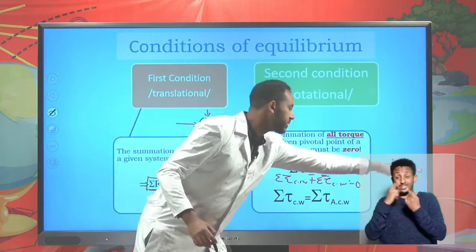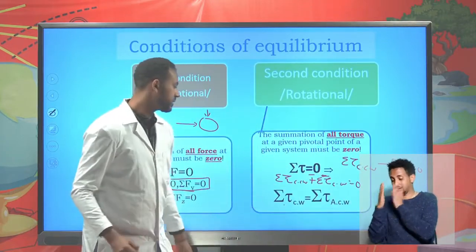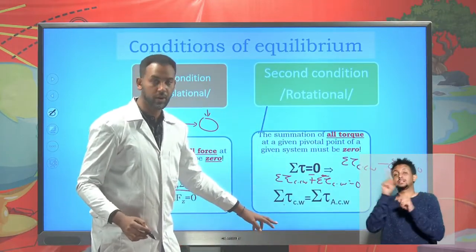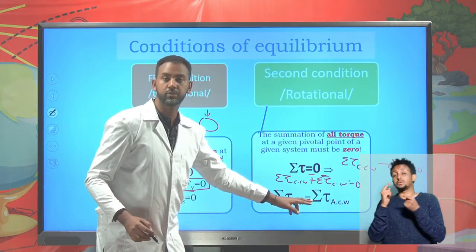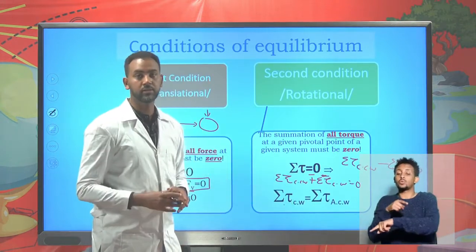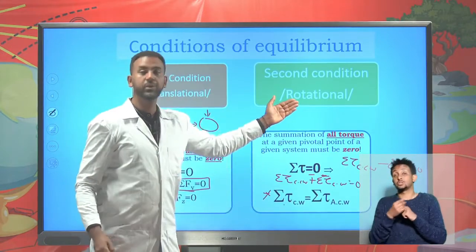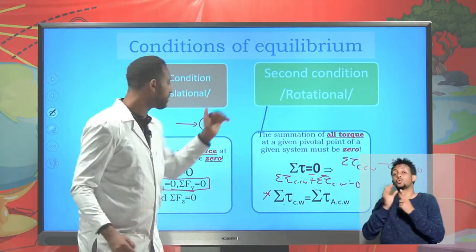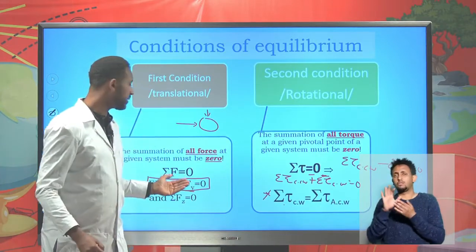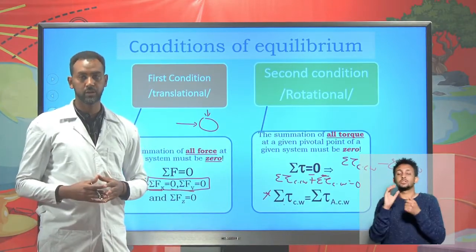Therefore, when we transfer this to the other side, we can say that the summation of clockwise torque equals the summation of counterclockwise, or anti-clockwise, torque. So this is the second condition, known as the rotational condition of equilibrium, whereas the net force being zero is the first condition of equilibrium.